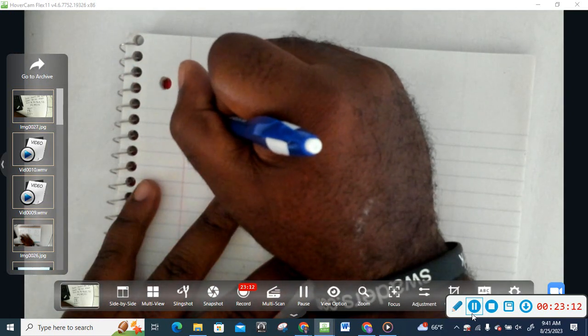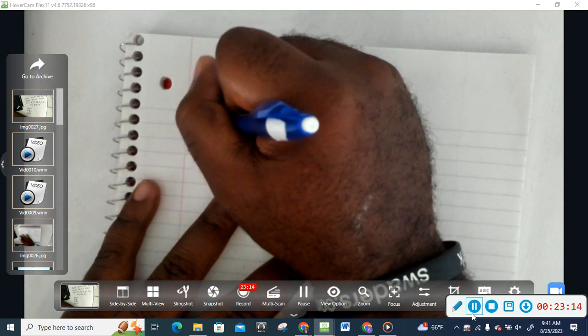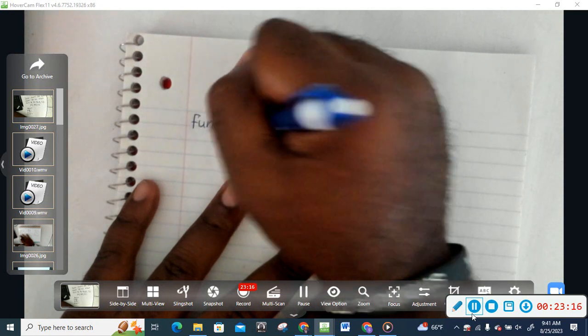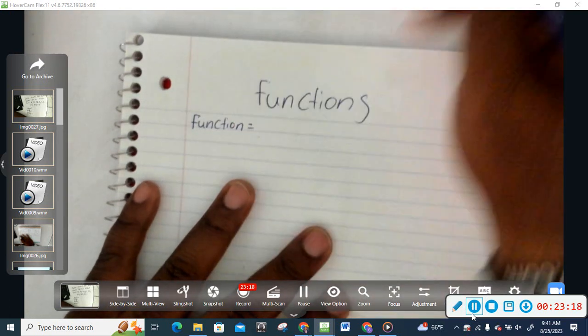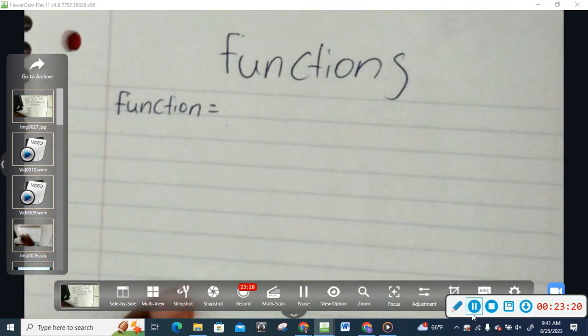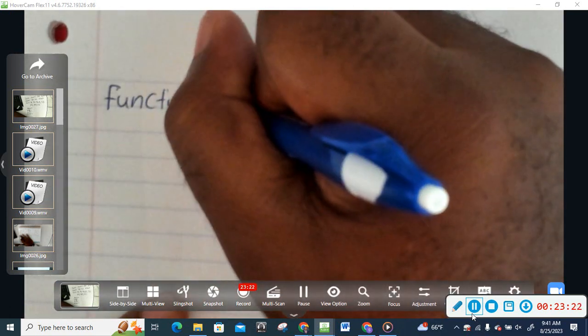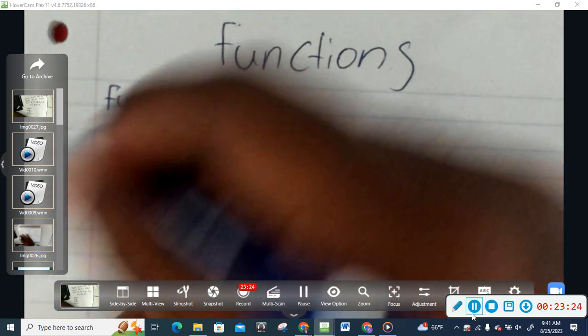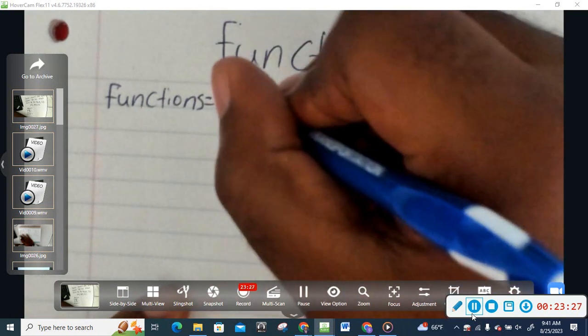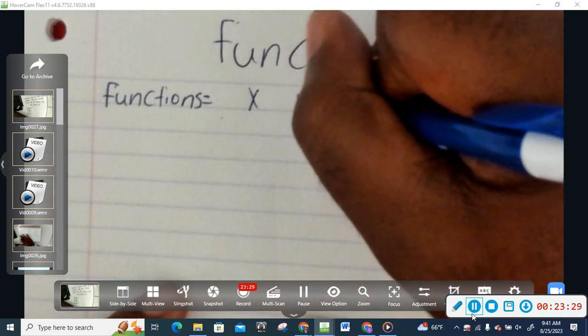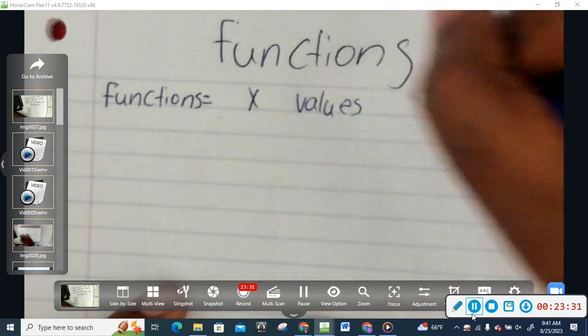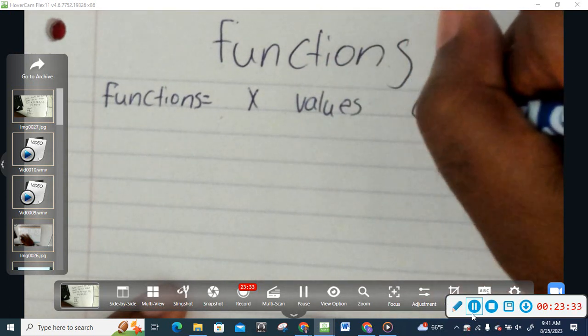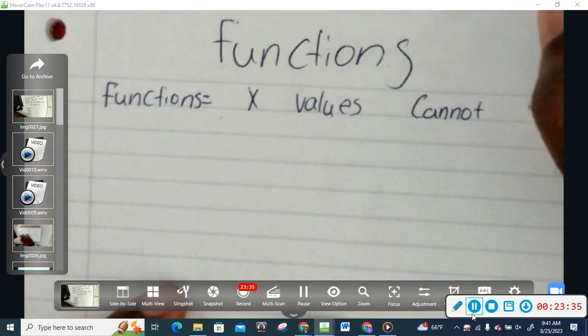So right here I'm going to write functions. Let me zoom in for you. There's one rule for functions: X values cannot repeat.